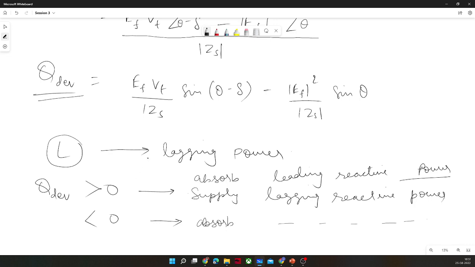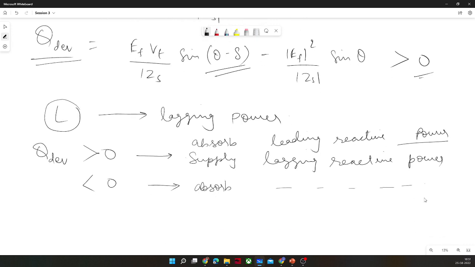So now, when would this machine be overexcited and able to provide power? Whenever this term is greater than zero. And for that you have to do some mathematical analysis here, and some condition would come out: Vt sine of theta minus delta, let us equate to greater than or equal to zero.